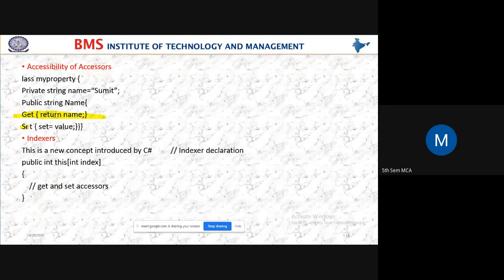Get and set methods are the accessors. Now we are going to see the accessibility of accessors. Accessors are nothing but get and set methods. Yes, students, you can write: accessors are nothing but get and set methods.